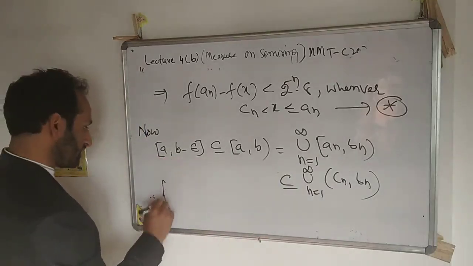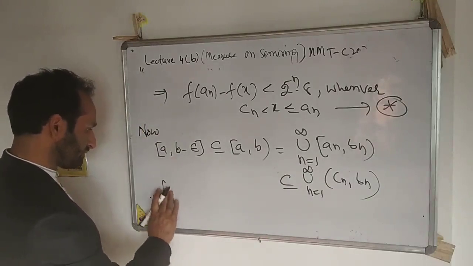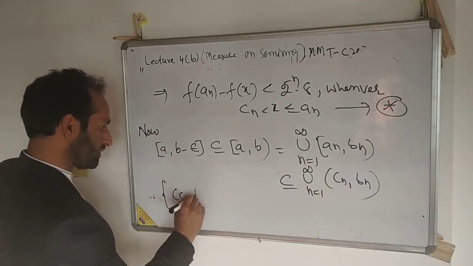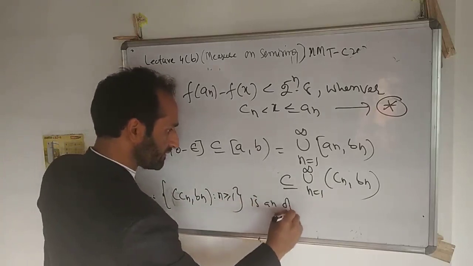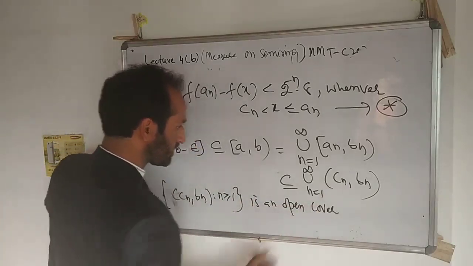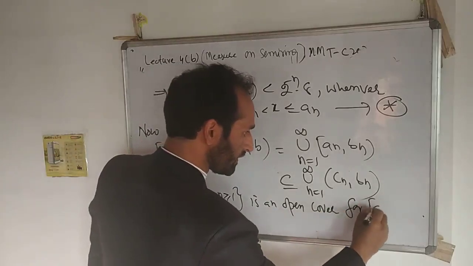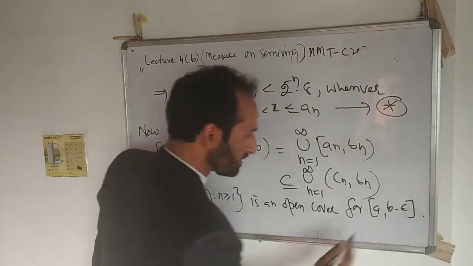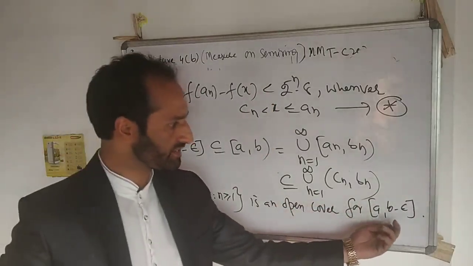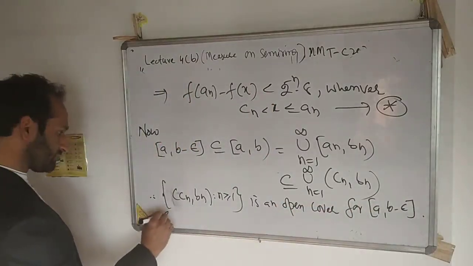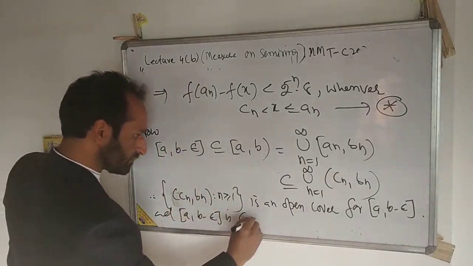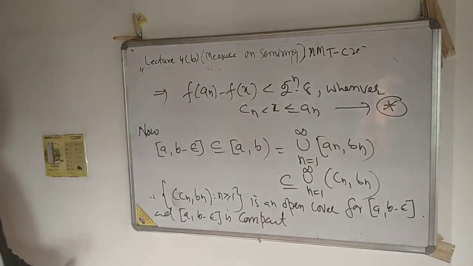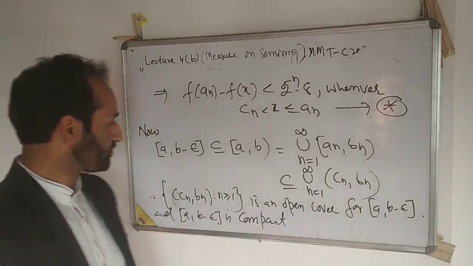So therefore, this family Cn comma Bn, n greater or equal to 1, is an open cover for A to B minus epsilon, and we know that every closed and bounded set is compact, so this set A to B minus epsilon is compact. Compactness means every open cover can be reduced to a finite subcover. Therefore, this open cover can also be reduced to a finite subcover.